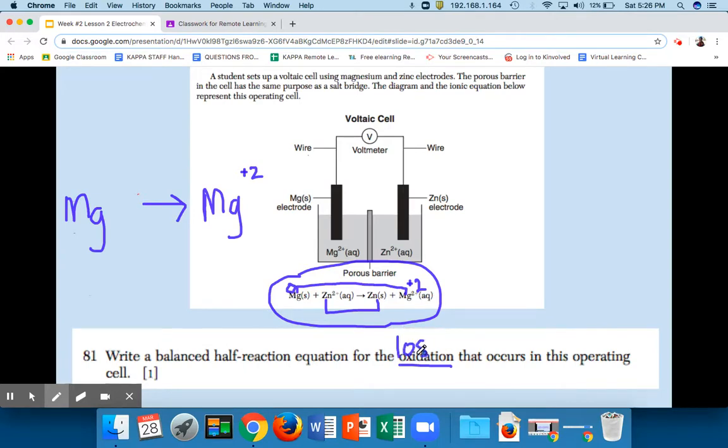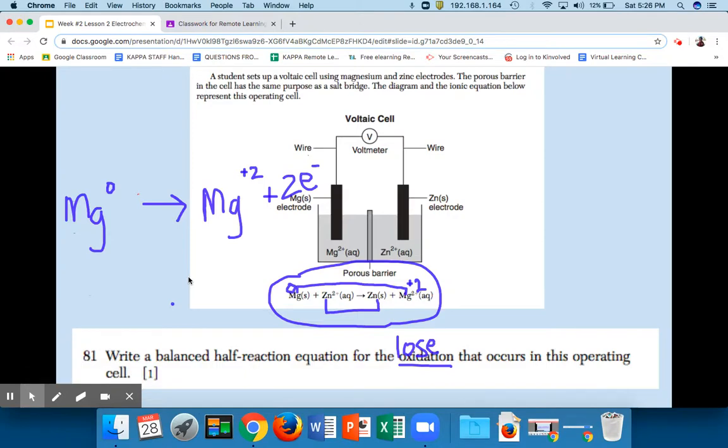Losing. So our electrons are written on the product side. And how many electrons are being lost? It's going from a 0 oxidation state to a +2, so that means 2 electrons are being lost. So there's our half reaction.